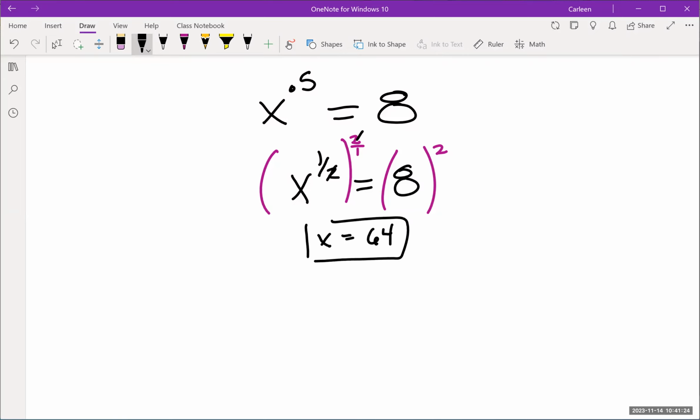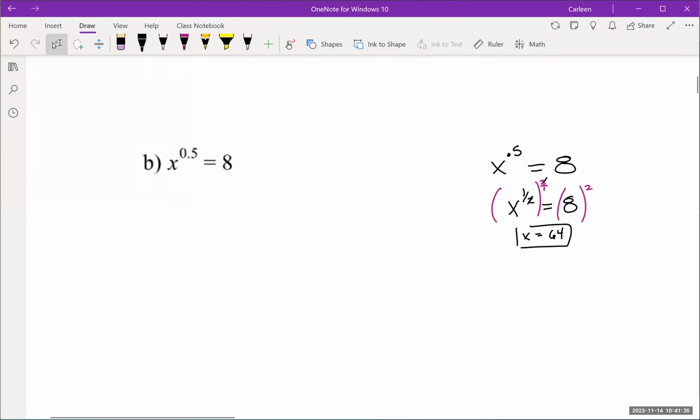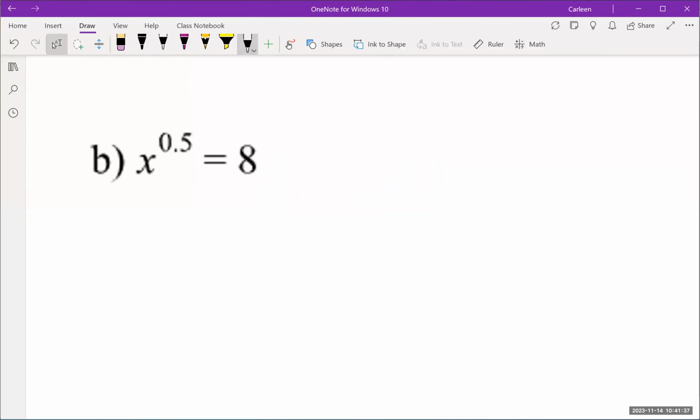So there's one way to look at it. Hopefully this one makes sense. There's a quicker way to look at it. If I just want to do this quickly, I can raise everything to the 1/0.5.